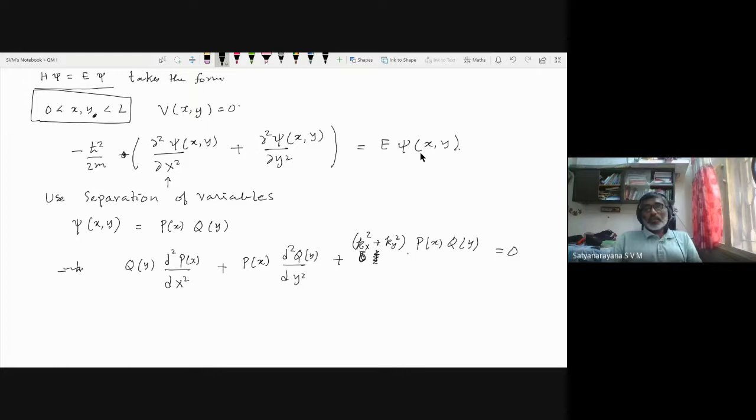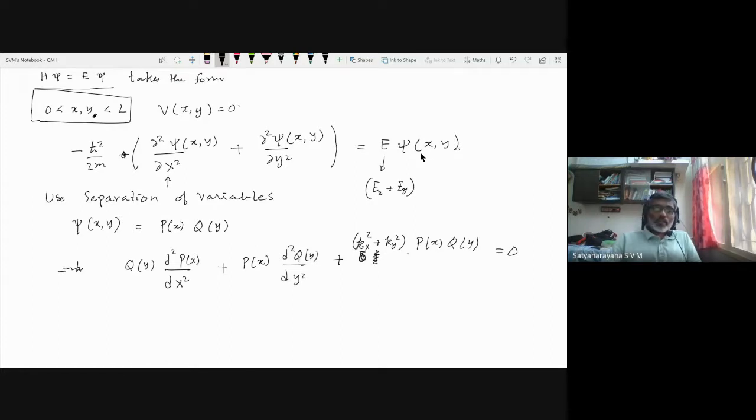I could call this simply k square, but this E now can be written as some Ex plus Ey. This is not a component, but there is some energy for the dynamics along the x-axis and some energy for the dynamics along the y-axis.